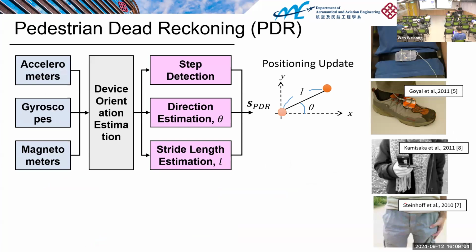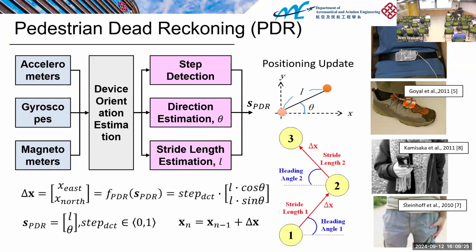Let's see an example. We can stick the IMU sensor to your foot. If we lift up our foot, there are some accelerations in the sensor.